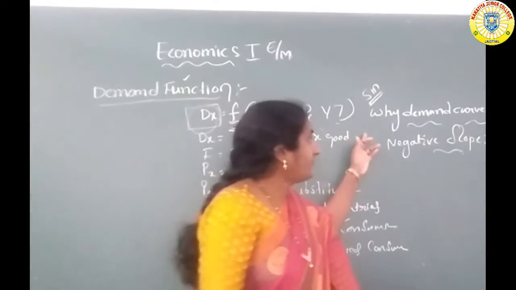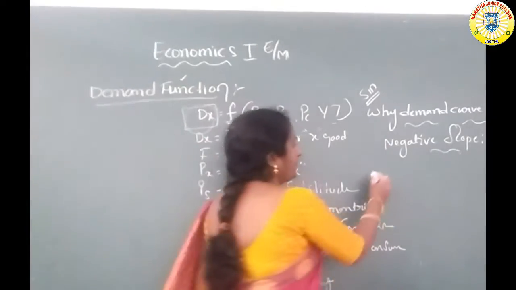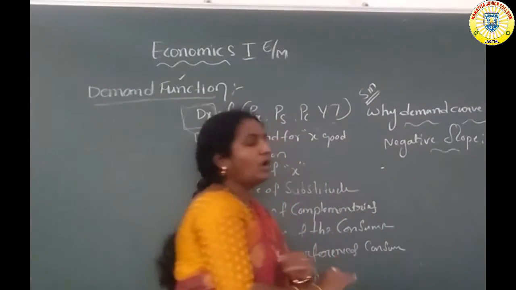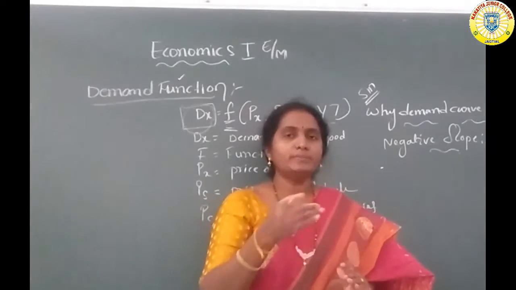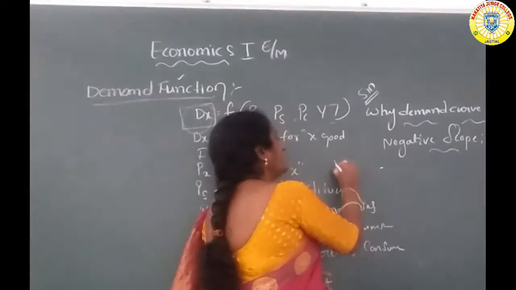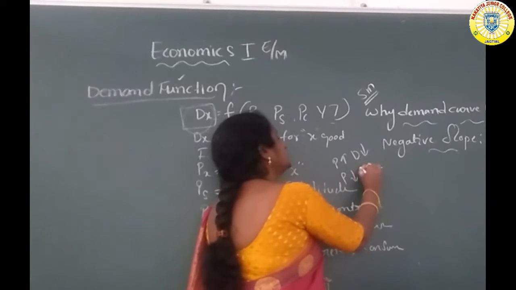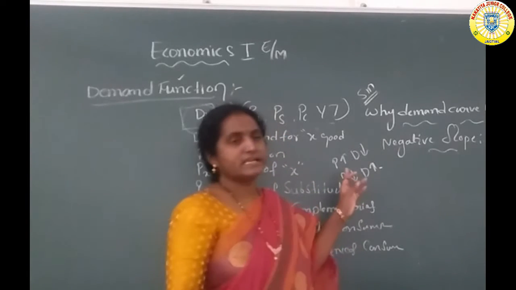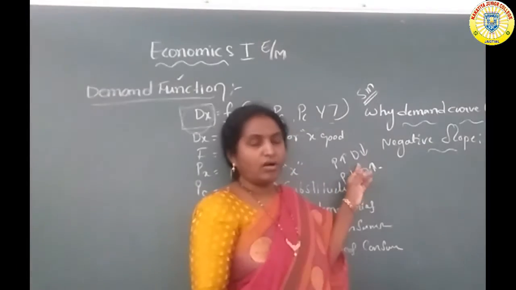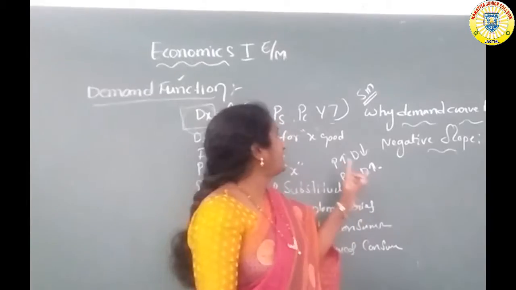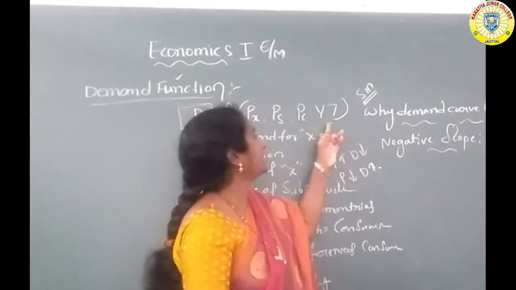Actually, the law of demand refers to, in a particular time, all remaining things being constant, when price increases, demand must decrease. When price decreases, demand must increase. So this is the law of demand. Remaining things means price of substitutes, complementaries, income and technology.